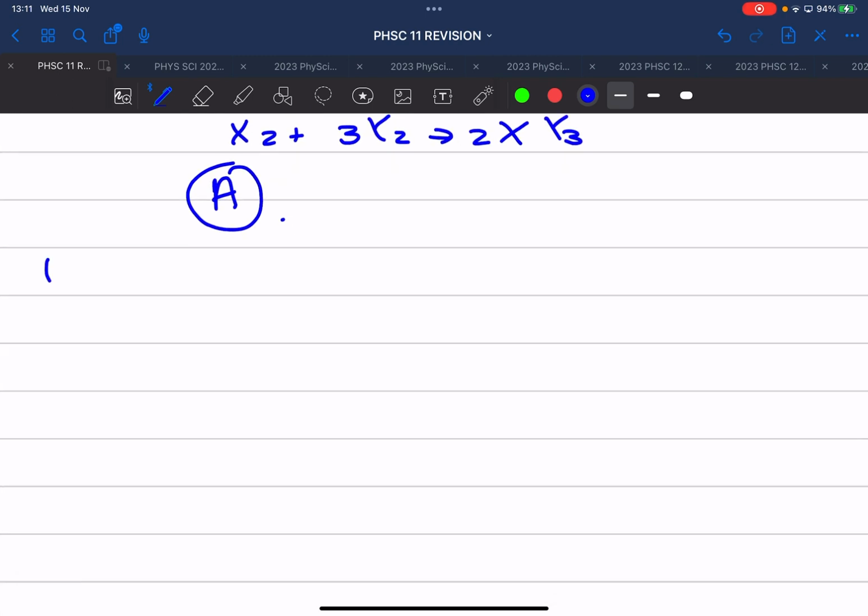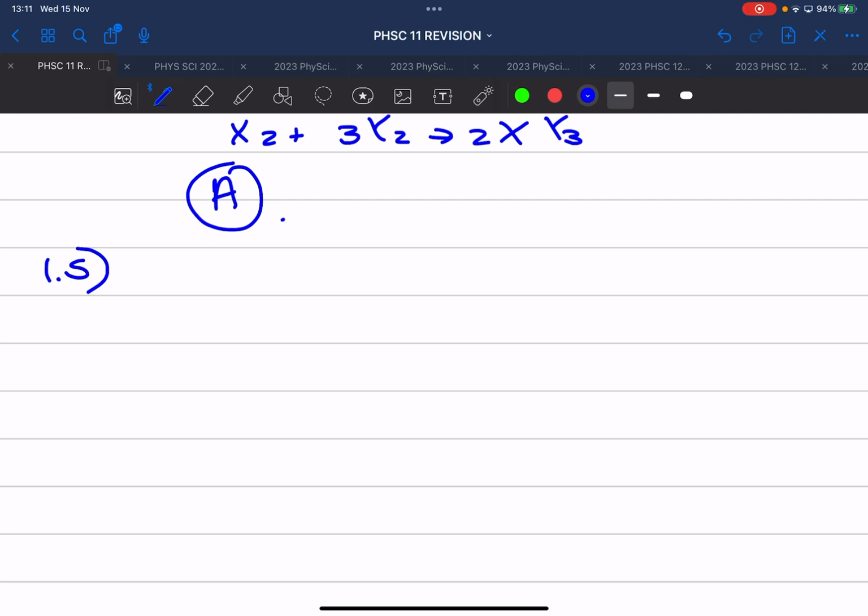1.5. Vra hulle vir jou, 2 verskillende gasse word onder standaard toestande van temperatuur en druk gehou. Okay? As die 2 gasse dieselfde volume beslaan, dan sal hulle dieselfde wat hê. Okay. Right. So ons gaan dit deur.